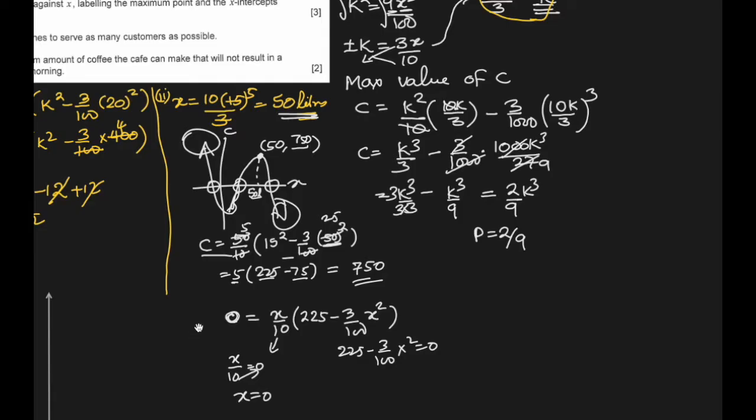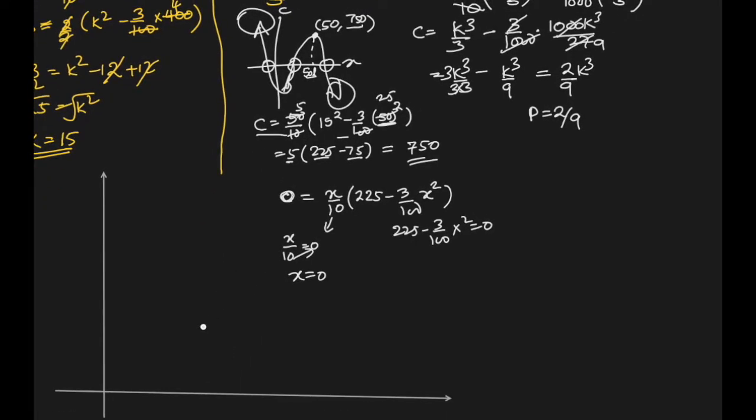I have the graph here, so let me mark it. One of the x-intercepts is this. That means there is no need to find the y-intercept now, because this is also the y-intercept. For the second one, I'll solve the other factor.